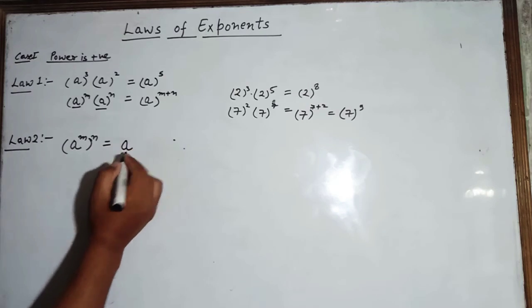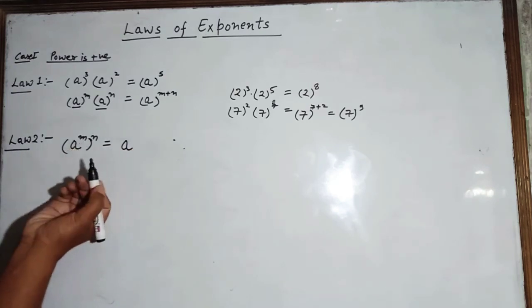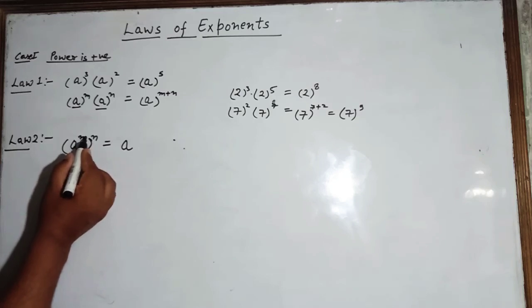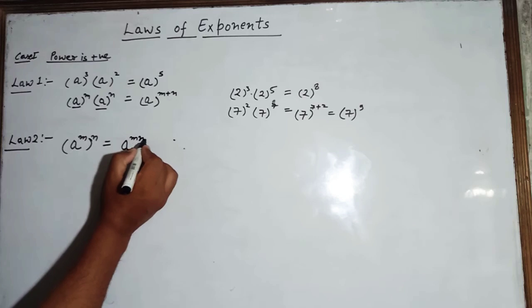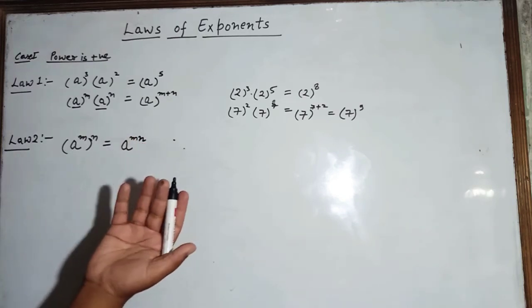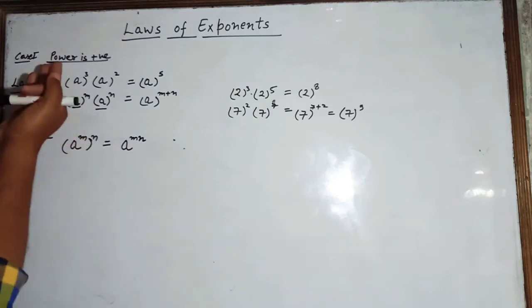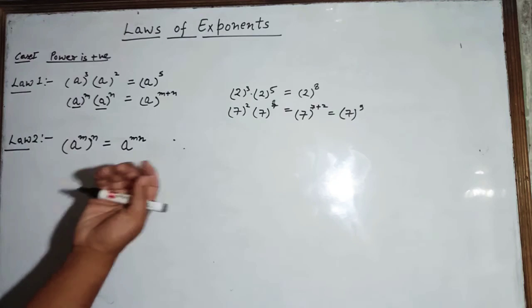The base will remain the same and we multiply the powers, since a bracket means multiply. It will become a to the power m into n, where m and n are positive integers, because we are reading positive only. It can be negative also, but that case will be a little different.